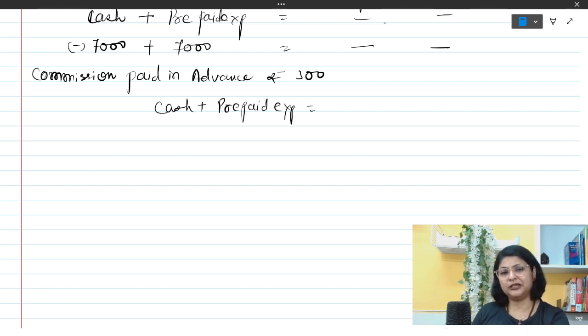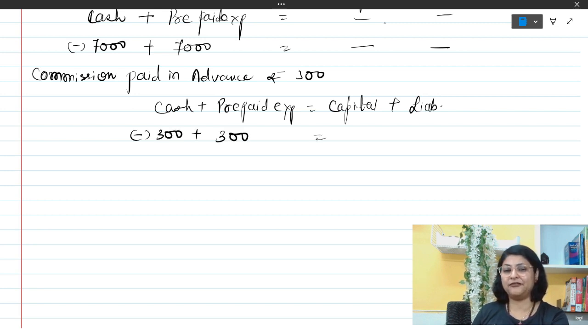And on the liability side, you have capital and liability. Below cash, I will deduct 300 rupees, and under prepaid expenses, I will add. Whereas on the capital and liability, it's not going to have any impact. So again, my accounting equation has an impact of 0 and 0.